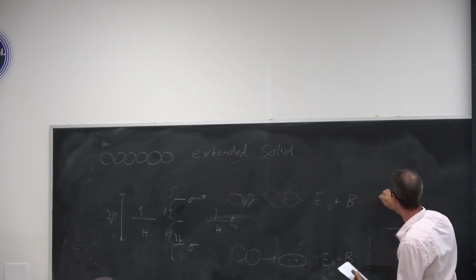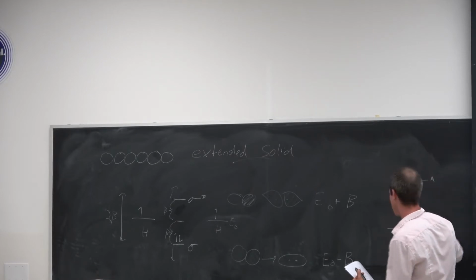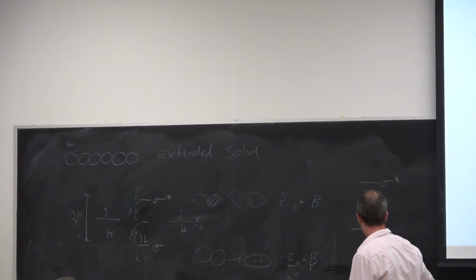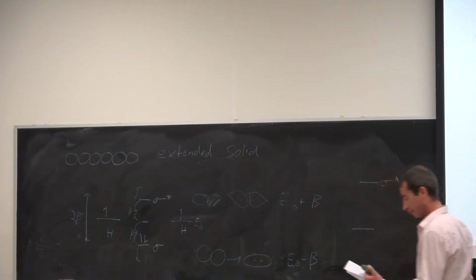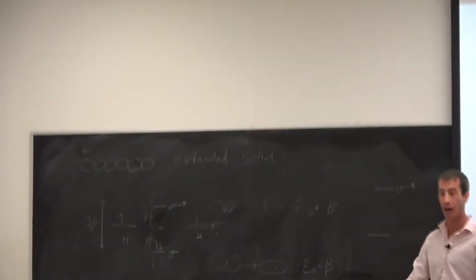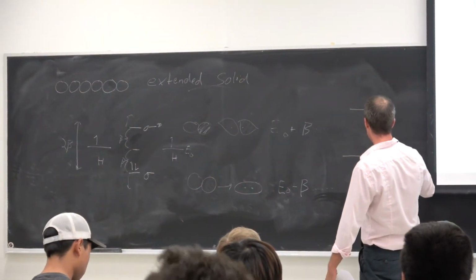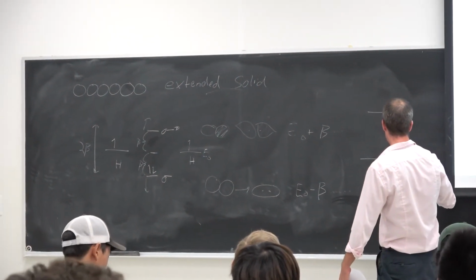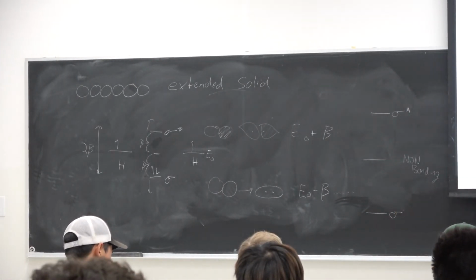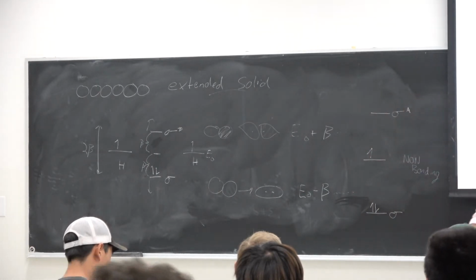If this was our original, it could be slightly up here. Bonding. This one is going to become a non-bonding orbital. That's why I wanted to go back and talk about non-bonding orbitals. So 1, and then there's your third one.